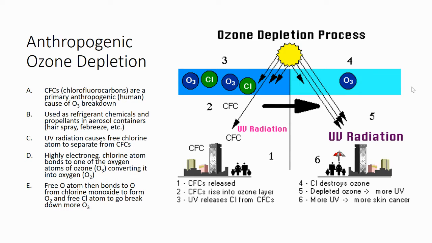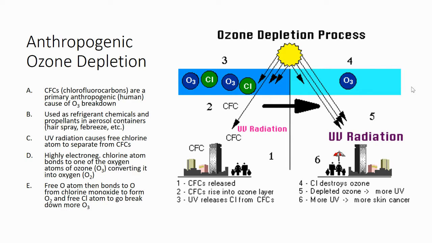Then that free oxygen atom bonds to form chlorine monoxide, and eventually forms O2 and a free chlorine atom once again, further continuing the breakdown of the ozone layer, or O3.